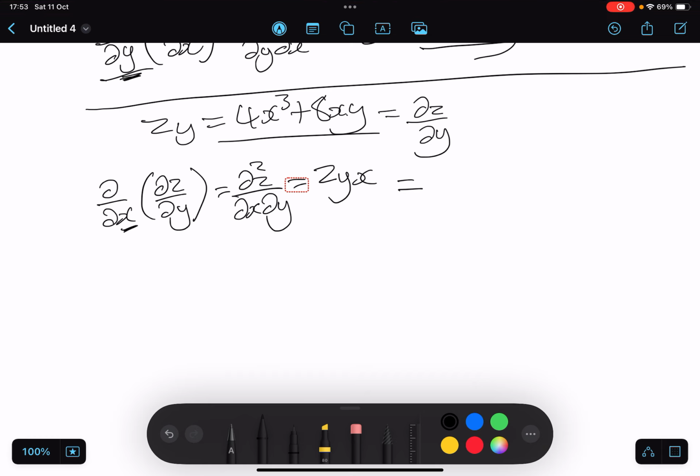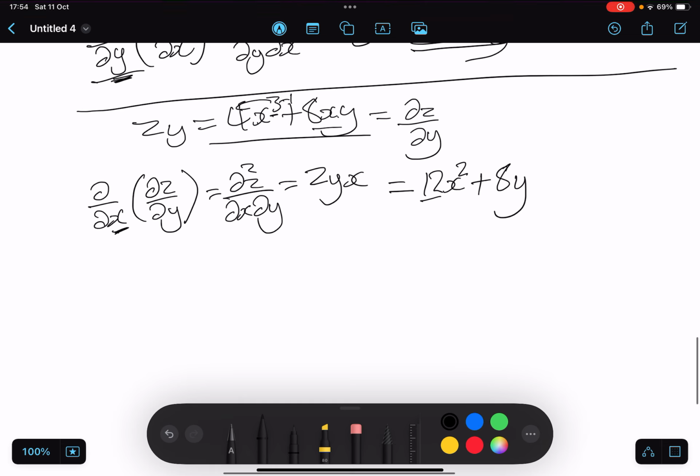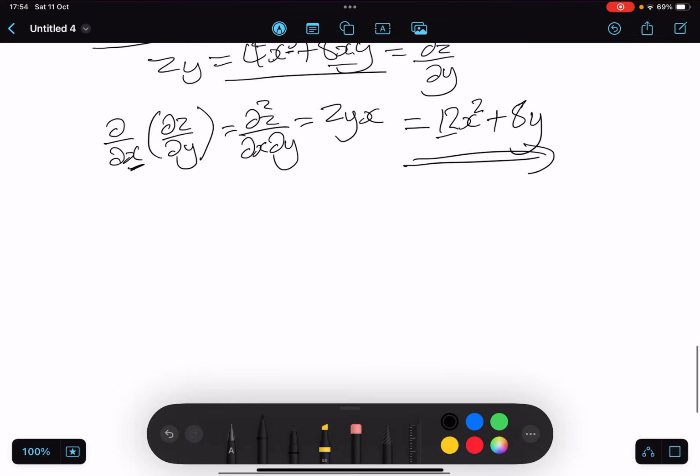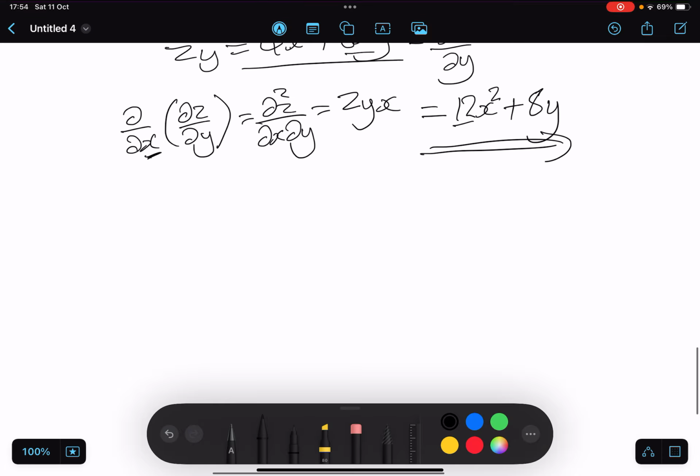We are going to have 4 times 3, which is 12x squared, because this was x to the power 3, so 4 times 3 is 12, and then you minus 1 here is 2. For the second term, y is a constant, so we're going to have plus 8y. I hope you guys are seeing this. And now we have zyx, which is equal to 12x squared plus 8y.